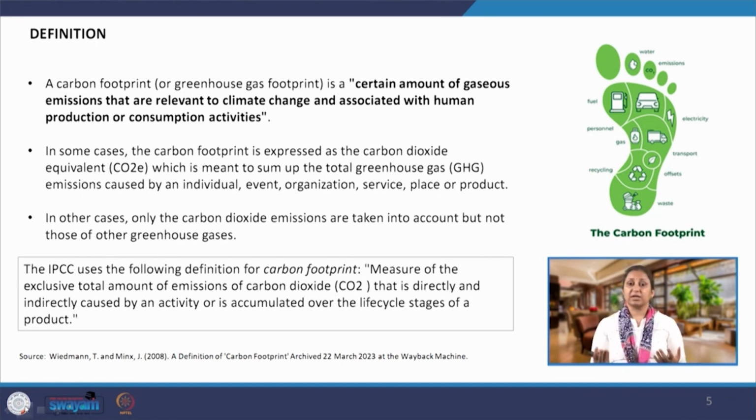Different organizations and different standards have different ways of addressing this, but at the end of the day we are looking at an equivalent carbon. So, for example, if we are talking about fluoride gases, there the weight of the carbon molecule could be lesser and the impact of the fluorine molecule will be higher, but yet we are looking at the equivalent of carbon.